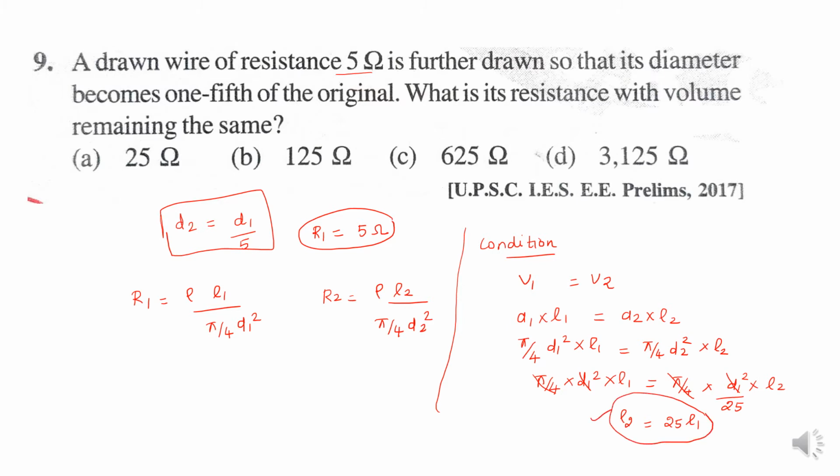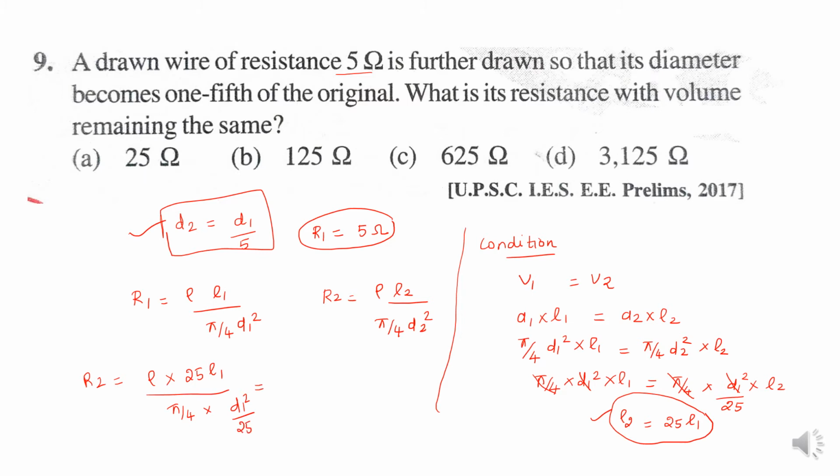Now I got the two relations. One is L2 and another one is D2. After finishing this, what I have to do? I am going to find out R2. So what is R2 now? Rho into, I have to put the value of 25 L1 instead of L2, the whole divided by 5 by 4 into, what is D2 square? D1 square by 25. Correct.